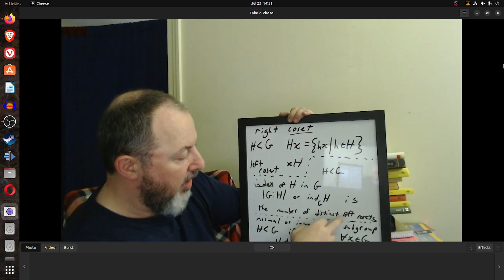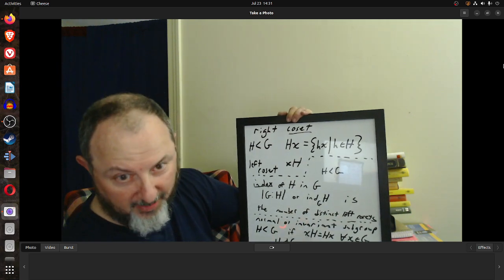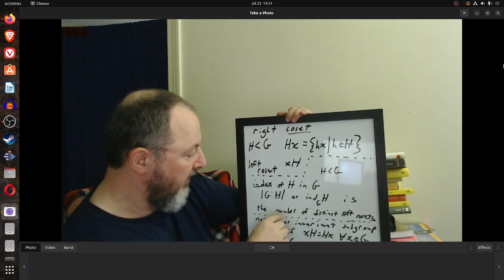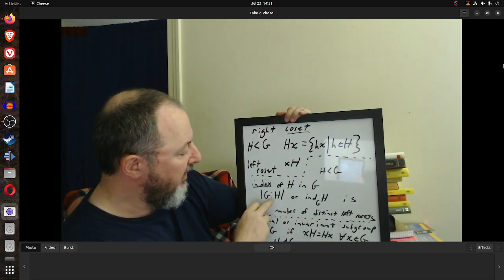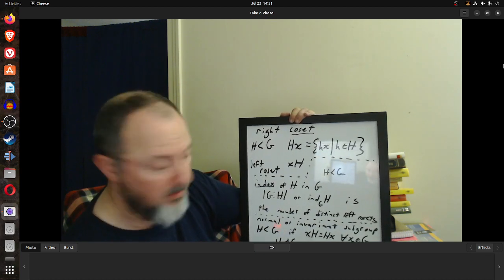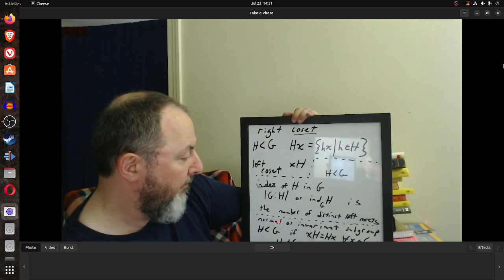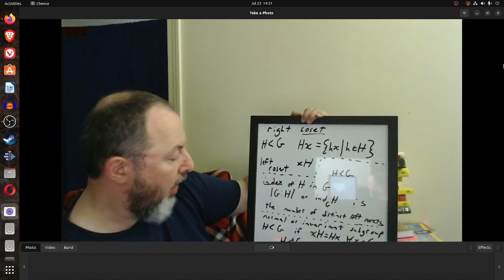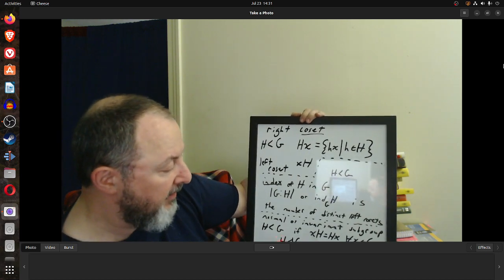So we can talk about the relation between the number of left and right cosets, right? But right now, it'll be defined as the index of H in G is the number of distinct left cosets for H.